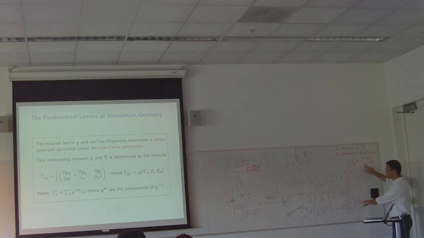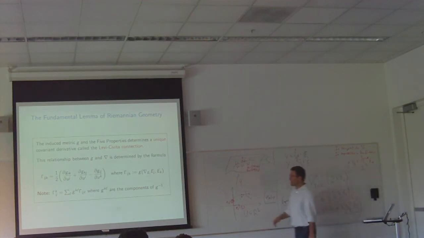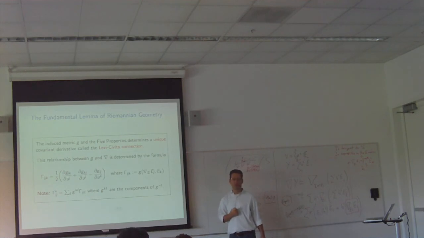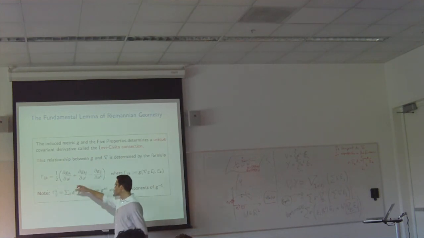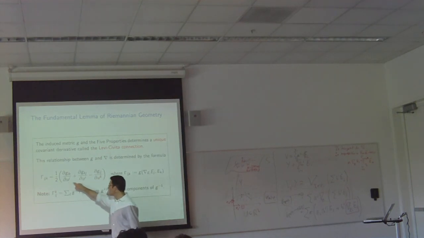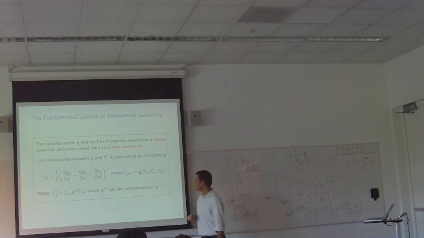We express these Christoffel symbols indirectly as a formula in terms of the derivatives of the metric. So it turns out the Christoffel symbols in this lower IJK version, which I'll tell you in 1 second, is equal to this linear combination of derivatives of the metric tensor.